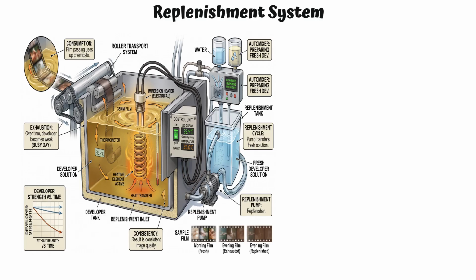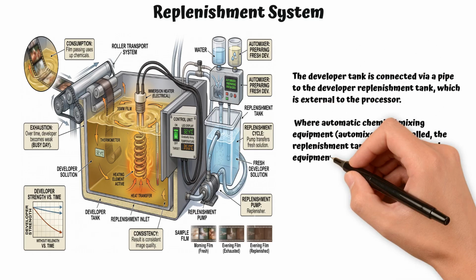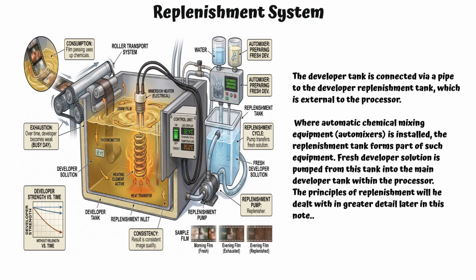Connected to the developer tank by a pipe is a replenishment tank, an external reservoir that holds a supply of fresh developer solution. At regular intervals, a pump automatically transfers a measured amount of fresh solution from the replenishment tank into the main developer tank. This restores the chemical strength of the developer, keeping it consistent and effective.